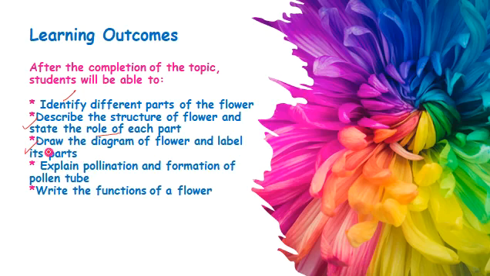You are now able to draw the diagram of a flower and label its parts. Next, you are able to explain the term pollination, how the pollen tube is formed, and how seeds are formed after fertilization. Lastly, you are also able to explain all the functions of a flower.